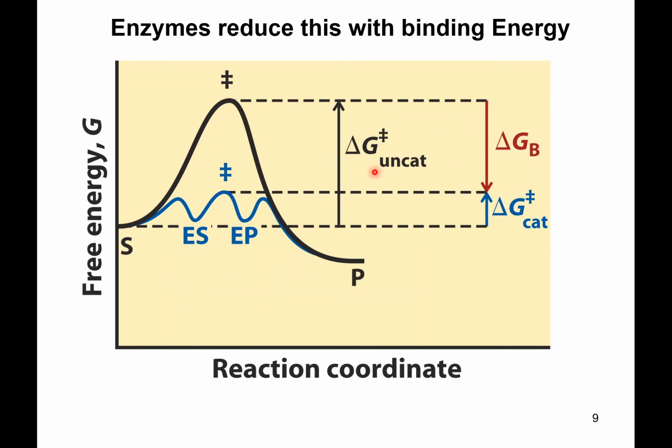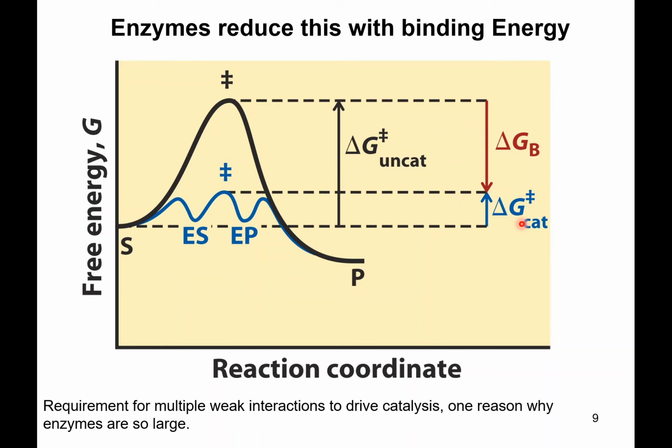And that lowers the delta G of the transition state. Okay, and that makes for an increased rate going from substrates to products. But as we mentioned, if we're talking about the reverse reaction, it's also going to speed up the reverse reaction of products going to the substrate.